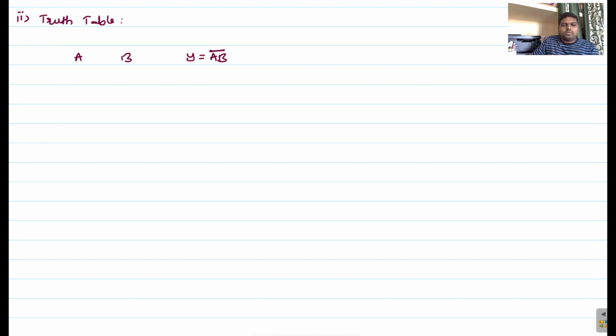Already we know two variables means four possibilities, that is 0 0, 0 1, 1 0 and 1 1. So these are the four possibilities, right? Already we know the AND logic, for AND gate, with A B as the two input variables, the output Y equals to AB.